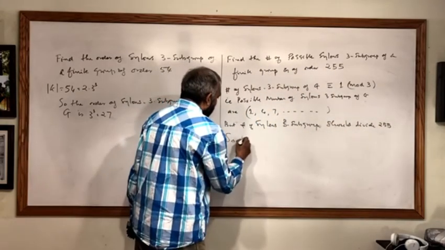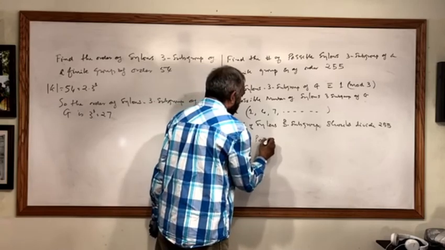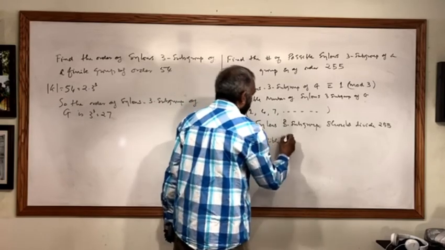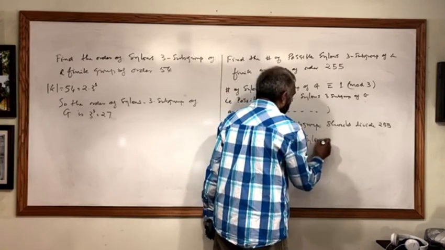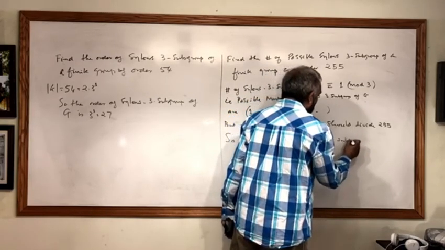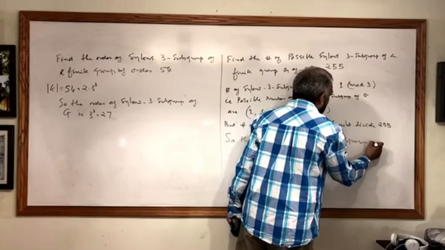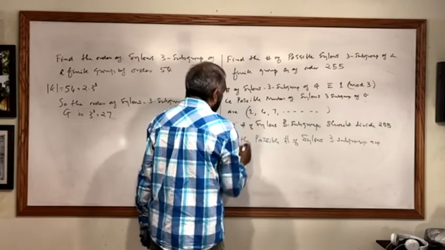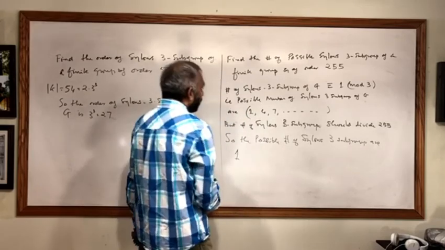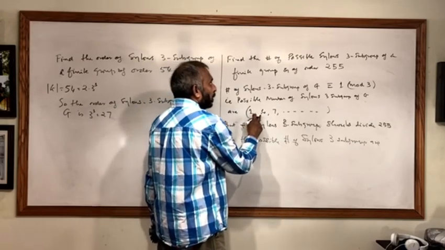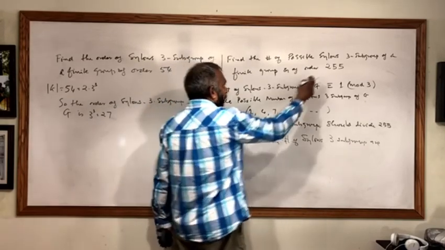So the possible numbers: 1 divides 255, so 1 can be a candidate. 4 is not a factor of 255.